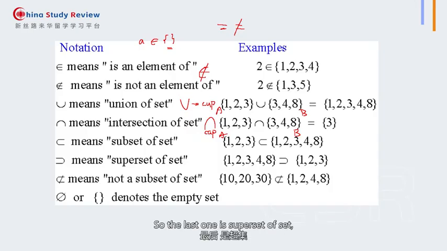The last one is superset of a set, which is something we rarely use.